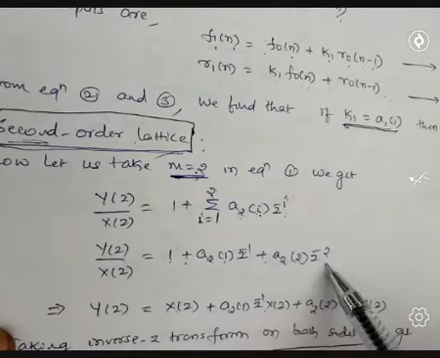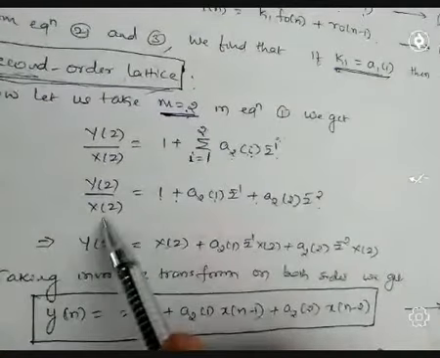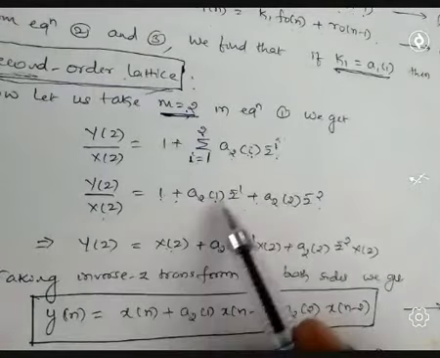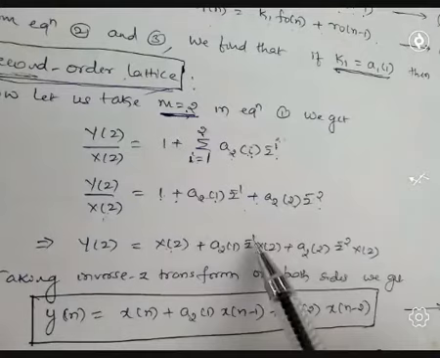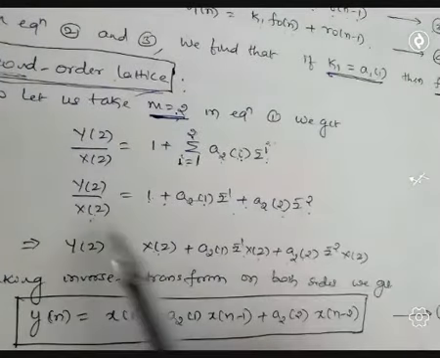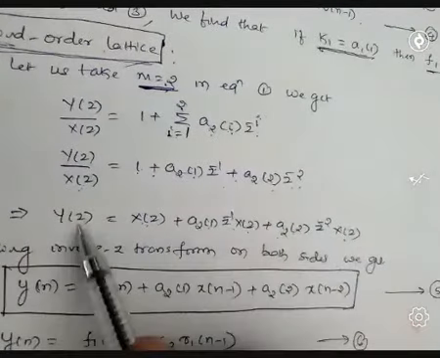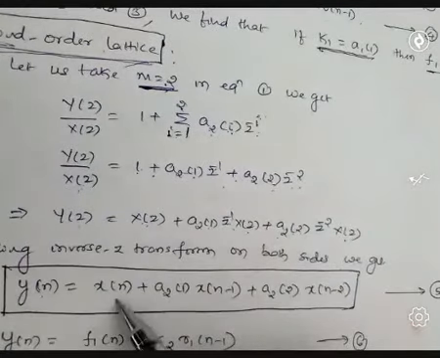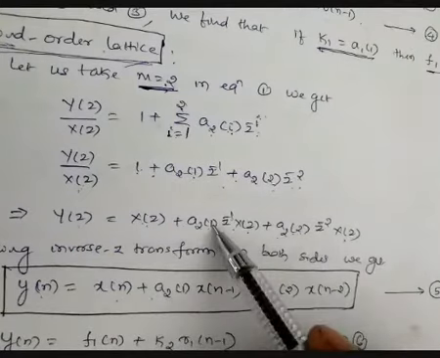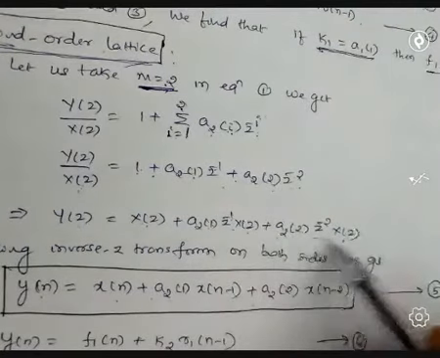Similarly, do the cross multiplication, then take x of z towards the RHS: 1 into x of z, plus a2 of 1 z to the power minus 1 x of z, plus a2 of 2 z to the power minus 2 x of z. So we got this. Similarly, take the inverse z transform: y of n equal to x of n plus a2 of 1 x of n minus 1 plus a2 of 2 x of n minus 2.